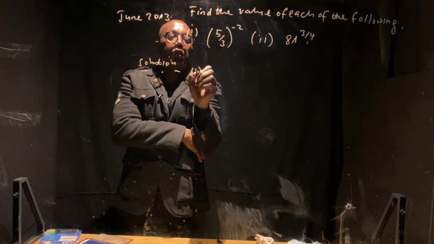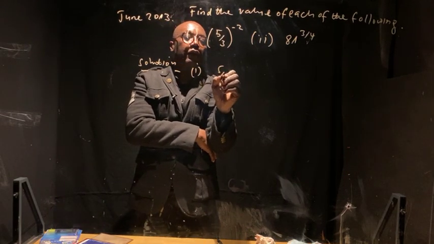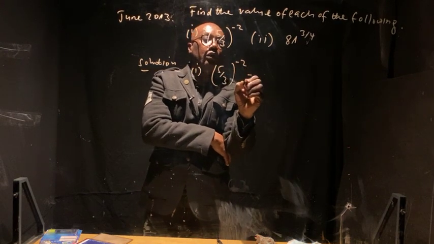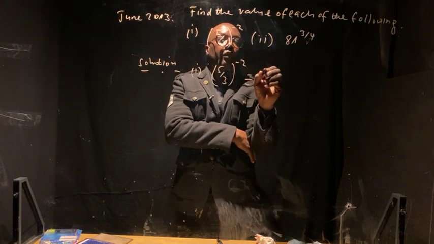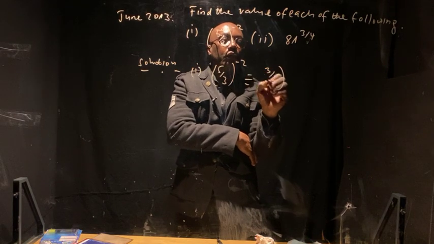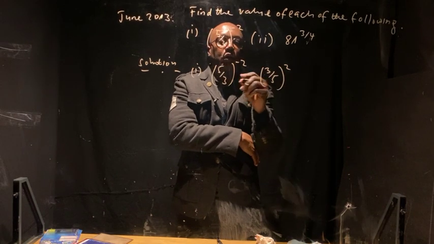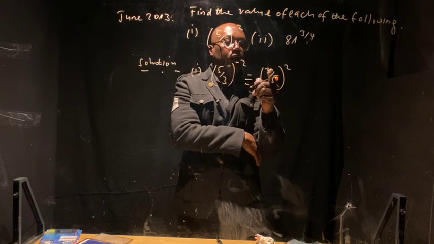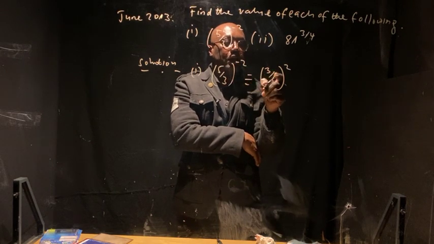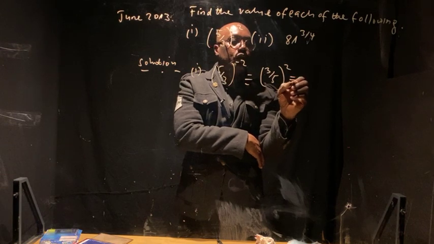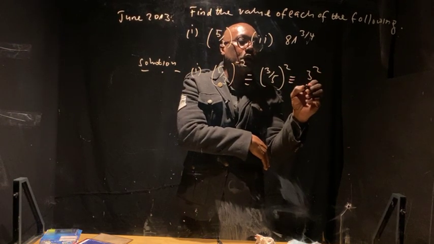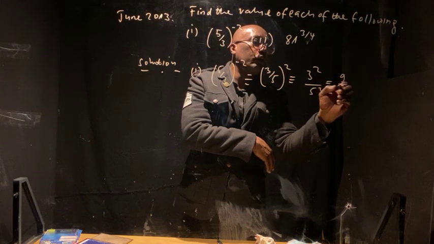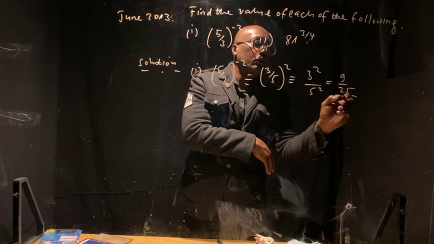One: 5 over 3 raised to the power negative 2 is not different from 3 over 5 raised to the power 2. We have done away with the negative sign, therefore we have turned the fraction upside down. So it is equal to 3 squared over 5 squared, which is equal to 9 over 25. Answer.